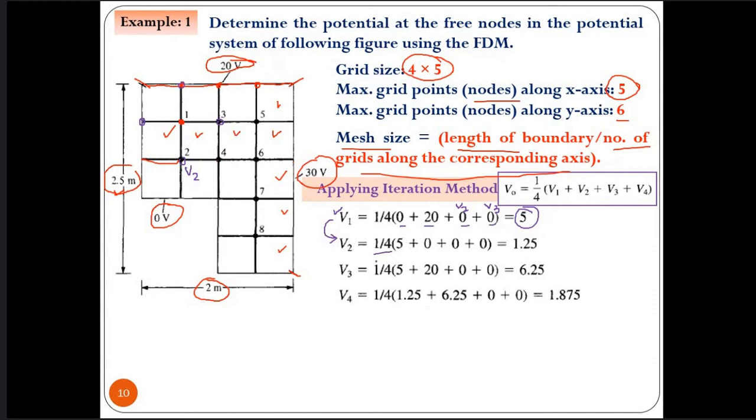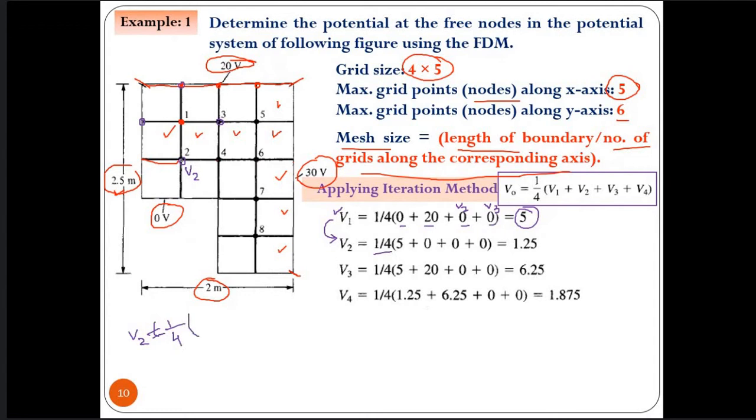So it becomes 1 by 4. First, write down the equation of V2. At least tell me what will be the equation without values. 1 by 4.